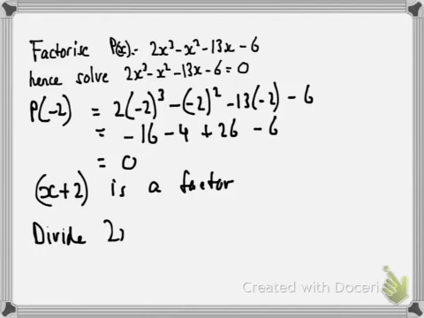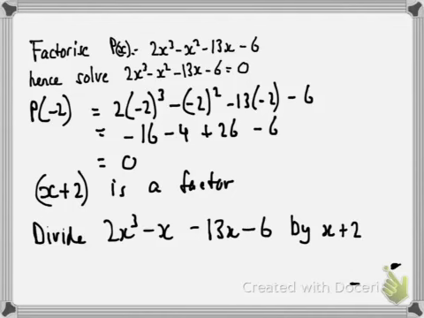So that's 2x cubed minus x squared minus 13x minus 6, we're going to divide that by x plus 2, because that's our first factor. Alright, so that's what we're going to do now.